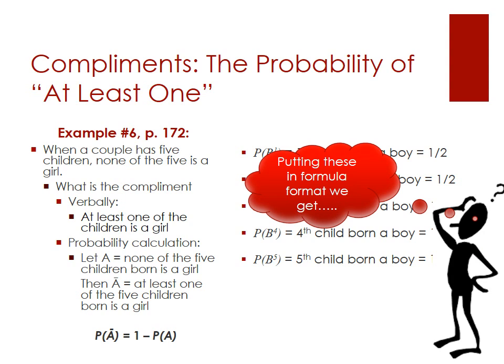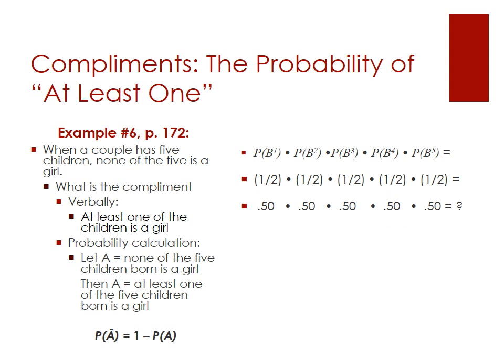Take a moment, put all this into a formula, and when you have that written out and organized, move on to the next slide and let's check it together. You should have got something like this. We have our probability of B1 times our probability of B2 times our probability of B3 times our probability of B4 times our probability of B5.